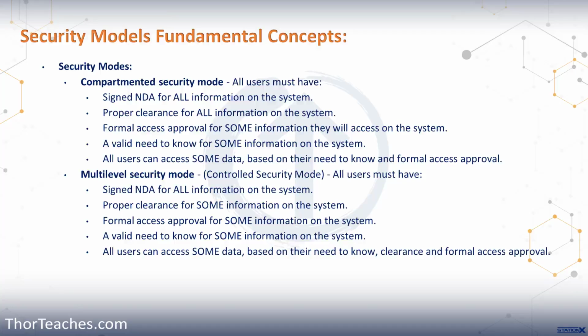And lastly, multi-level. Here again, we have the signed NDA for everything, but they only have the proper clearance for some of the data. They have formal access approval for some. They have valid need to know for some. So their access to the data is based on their need to know, their clearance, and the formal access approval.